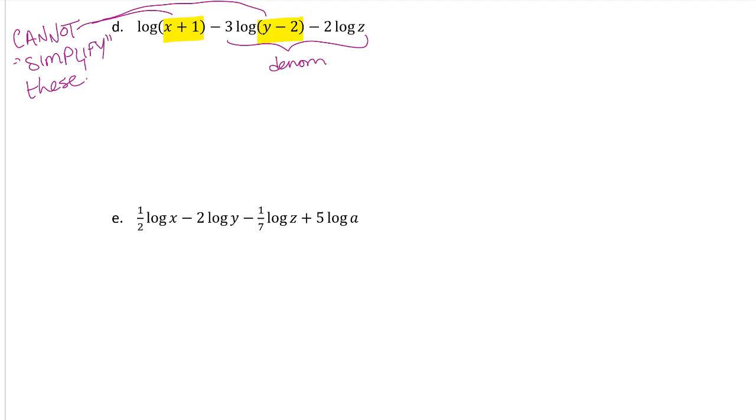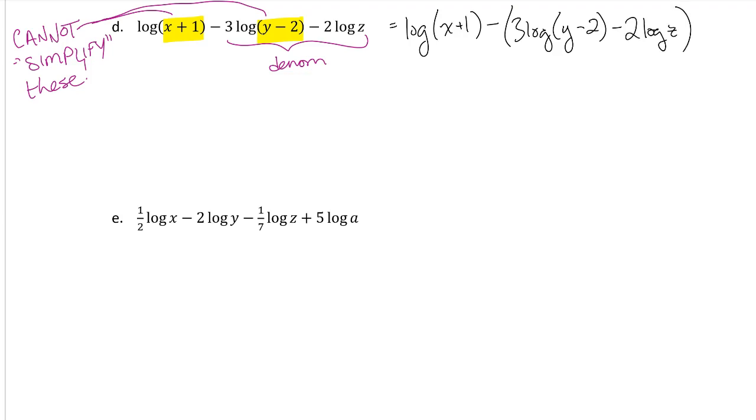And why I know that is because I could rewrite this as log x plus 1 minus, and factor out that negative from both of these remaining terms, 3 log y minus 2 minus 2 log z. Sorry, that would be plus, because I took the negative out of both of them.